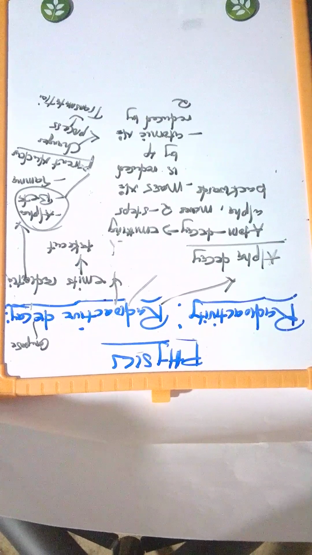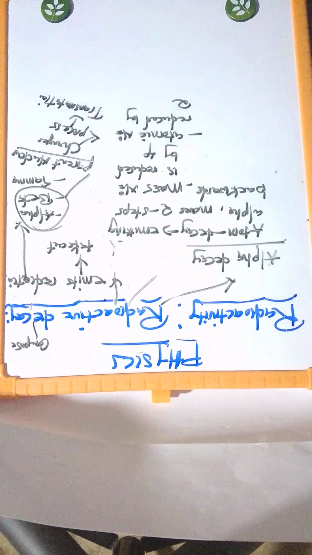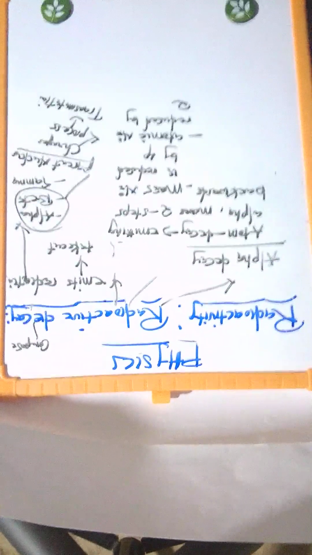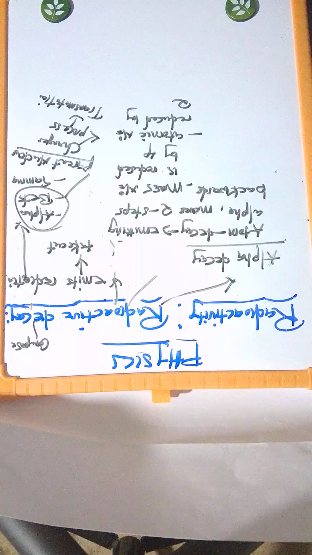So whenever a new substance is produced after the disintegration, its mass number will have a difference of 4 and its atomic number will have a difference of 2.